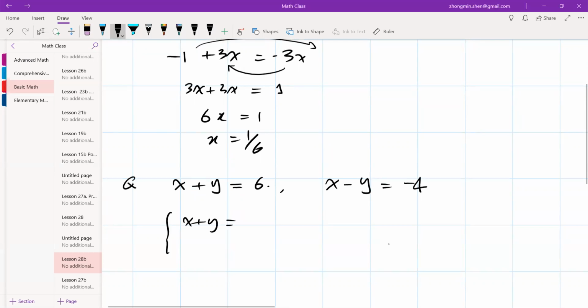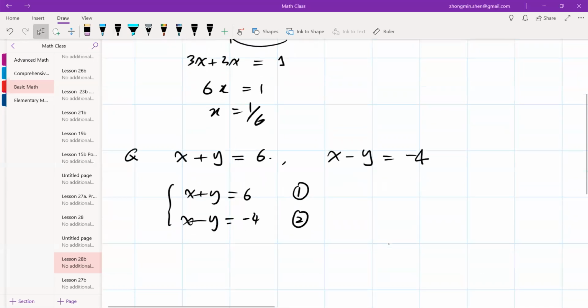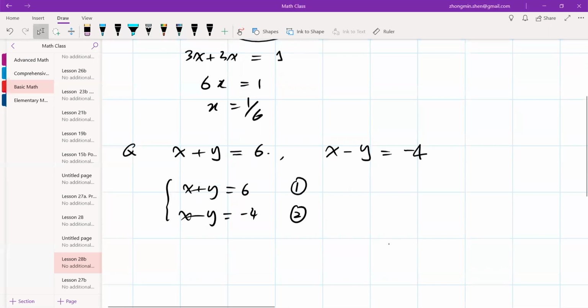You write down those 2 equations in vertical form, and then label them equation 1 and equation 2. The idea is to eliminate one of the variables to get an equation in one variable. There are 2 ways to solve the problem. One is called substitution, another is called elimination. For this particular problem, the elimination method is better. Just add equation 1 plus equation 2.